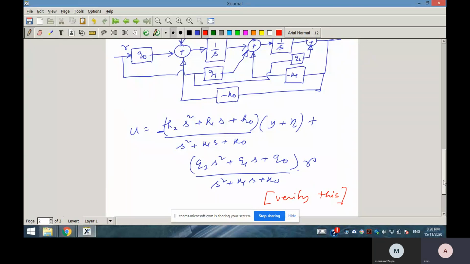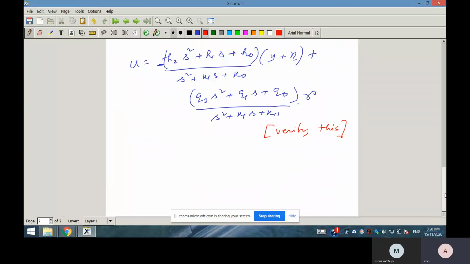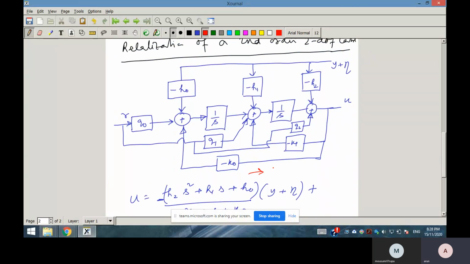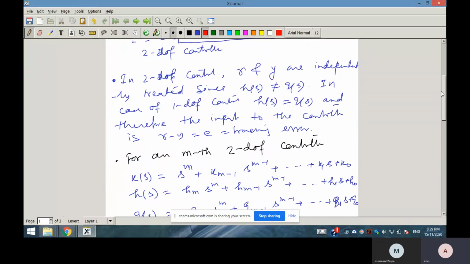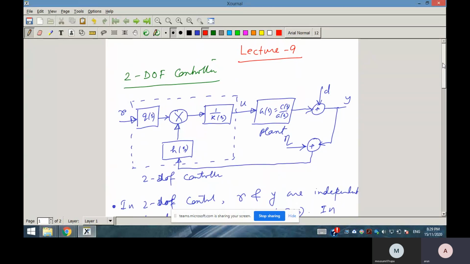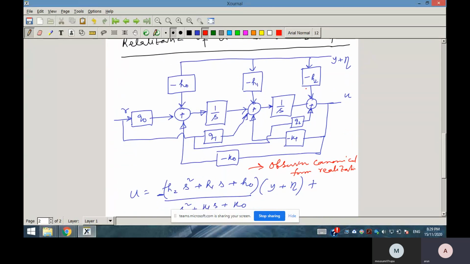So this is also known as observer canonical form realization. Here I have just shown that although these are polynomials, in practice you can realize them using op-amps like this.